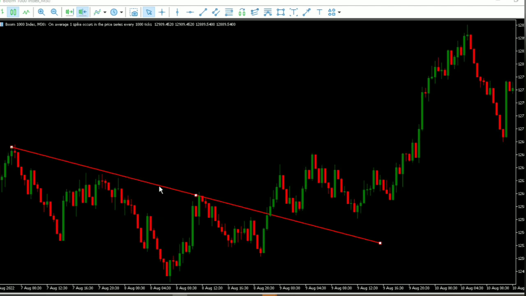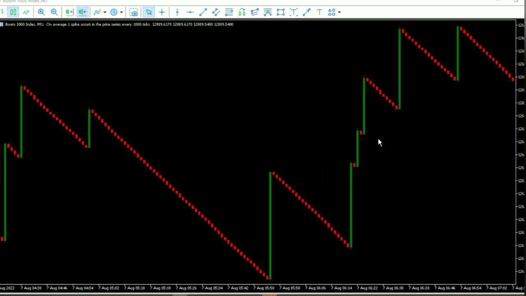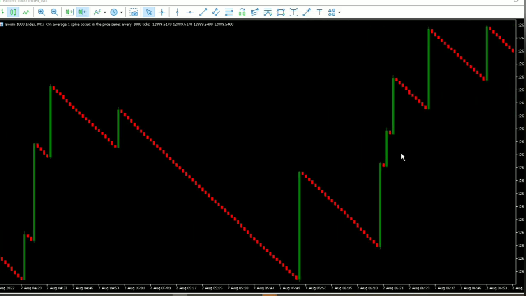And also, most people think that boom and crash doesn't respect your stop loss. The reason why you think that it doesn't respect your stop loss is because if you are on a 1 minute time frame, and if you place your sell order at this point right here, and if this spike comes, this spike will just take the price from here to here at one point, right?